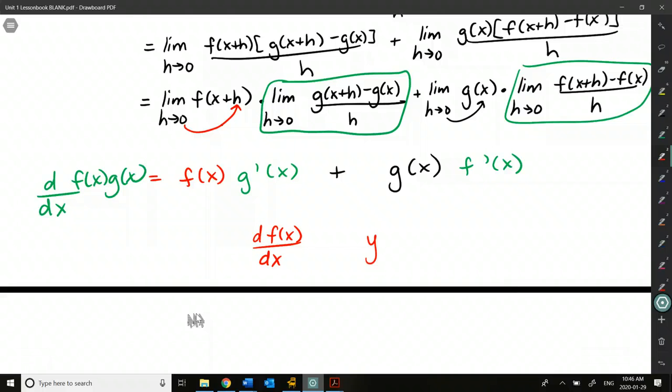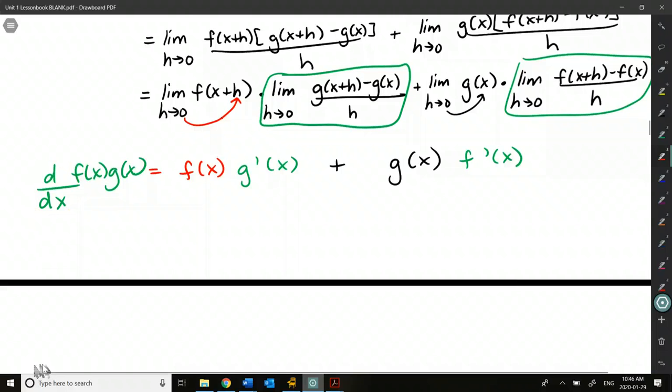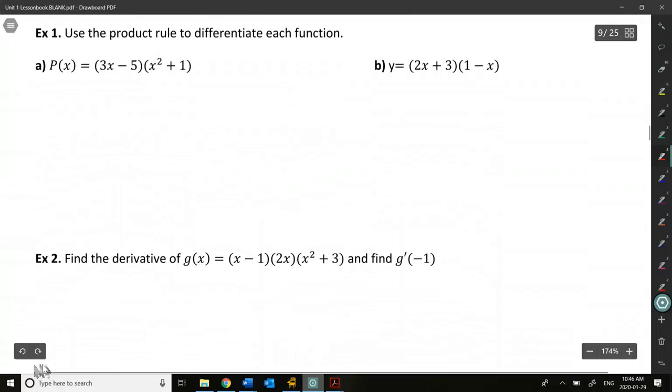So the derivative of the function y with respect to x just means we're differentiating the independent variable. So we're differentiating with respect to the x variable. Okay, so this really just means derivative with respect to x, d over dx. Okay, now let's use the product rule.